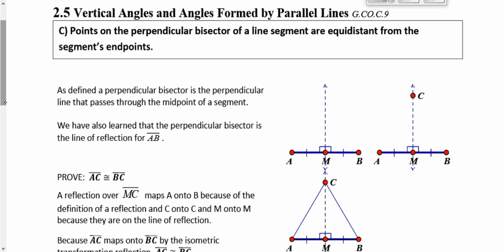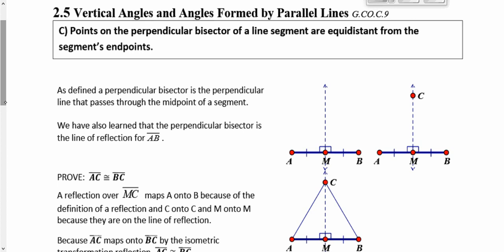Because it's a bisector, it divides it into two congruent segments, right? And because it's perpendicular, it forms right angles, okay? So a perpendicular bisector is two things. One is perpendicular, making right angles. Two, it's a bisector, making two congruent segments.